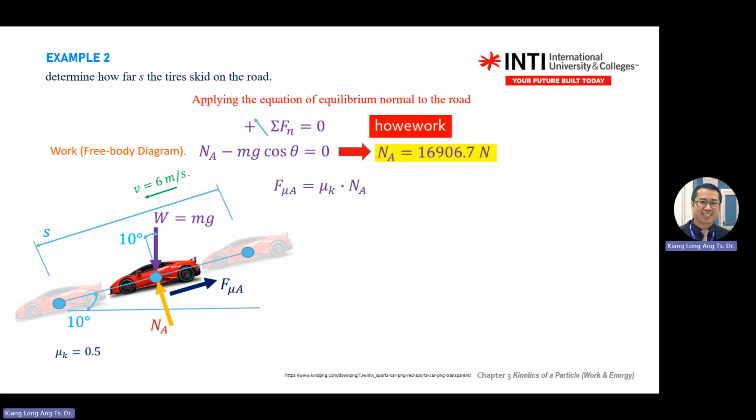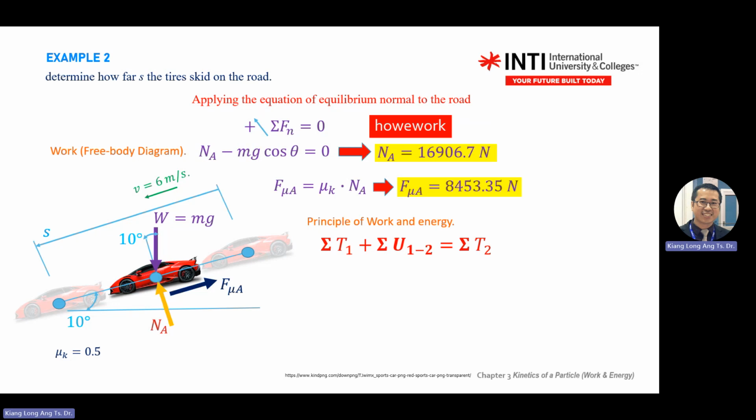So you solve, you get NA. You calculate the friction force, you get some value. Principle of work and energy: kinetic energy 1 plus work done equals kinetic energy 2, or you can write work equals change of kinetic energy, T2 minus T1, also correct.